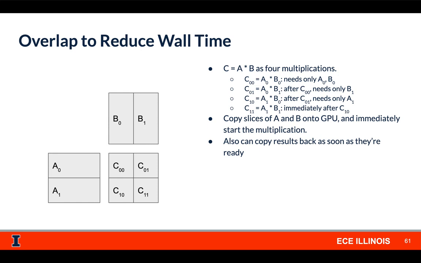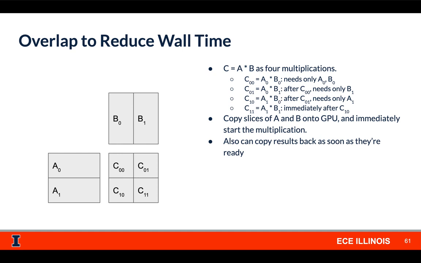The idea here is that we can reduce the overall wall time by overlapping some of the computation for C with transferring data from the host. First, instead of transferring all of A and all of B to the GPU, we can transfer A0 and B0 to the GPU and immediately start computing C00 while we start transferring B1 to the GPU.